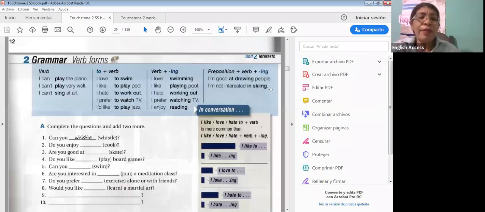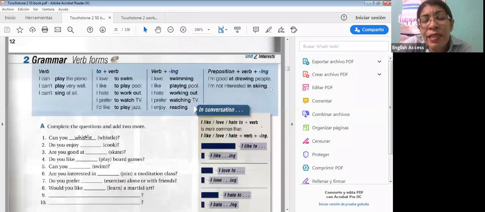Okay, these examples are, I can play the piano, I can't play very well, I can't sing at all. Then columns number 2 and 3, as you remember, I love to swim, I love swimming, I like to play pool, I like playing pool, I hate to work out, I hate working out, I prefer to watch TV, I prefer watching TV.